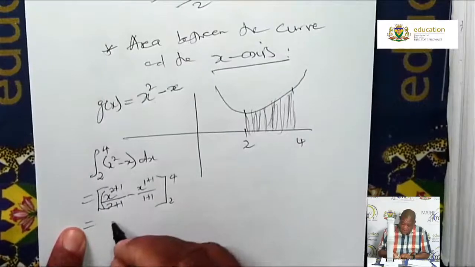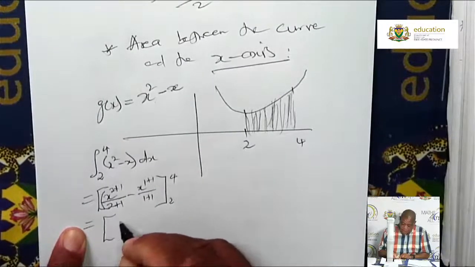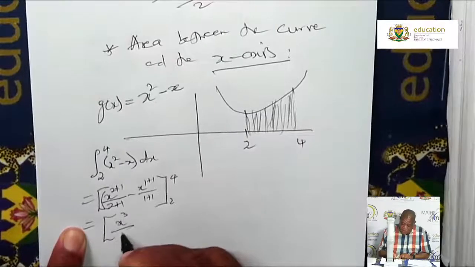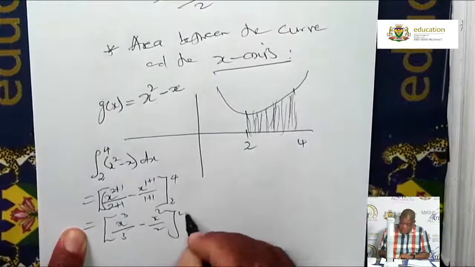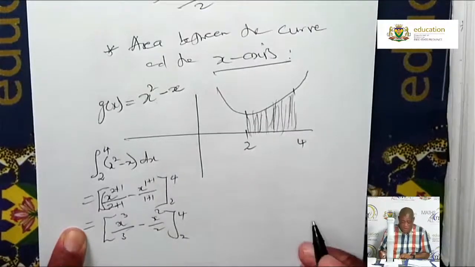And that is going to give you x to power 3 over 3 minus x squared over 2, with the upper limit and the lower limit.